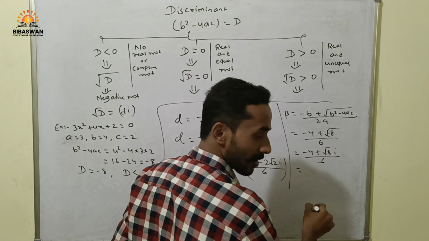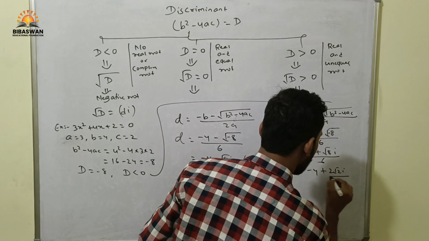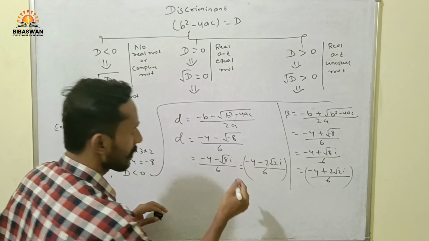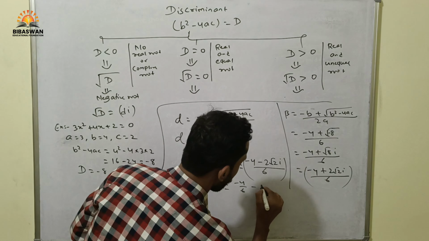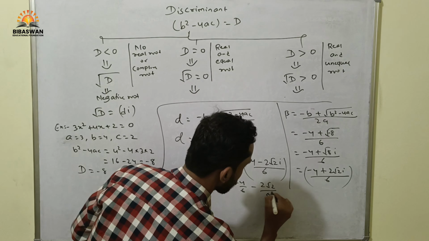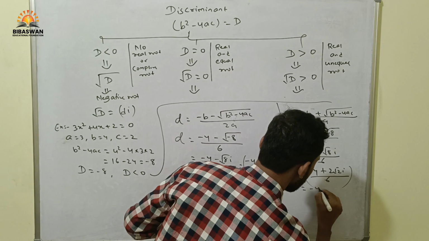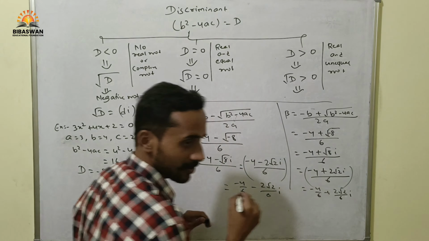It can be the answer, or we can write it as minus 4 plus 2 root 2 iota by 6. Understood? Any problem? We can also write it as minus 4 by 6 minus 2 root 2 by 6 iota. We can separate it, or here minus 4 by 6 plus 2 root 2 by 6 iota. You can also write this.